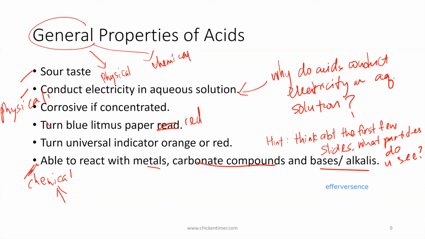Why do acids conduct electricity? When they dissolve in water, they produce H+ ions. For example, HCl, hydrochloric acid, will dissolve in water to produce H+ ions and chloride ions. So these H+ ions and chloride ions are mobile. They can move within the solution. Because they are ions, they can carry charge, so they conduct electricity.